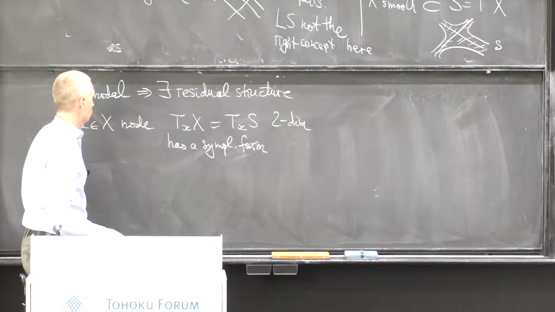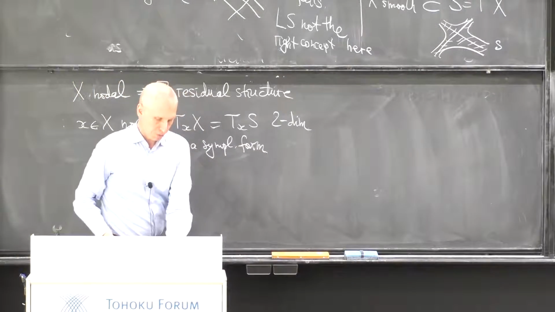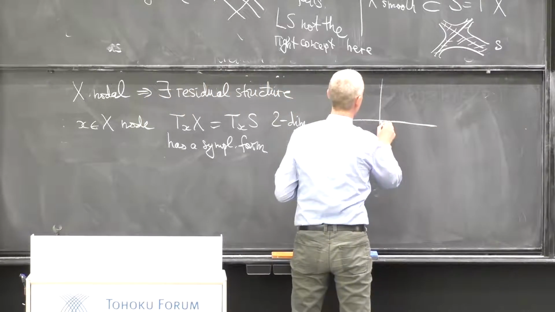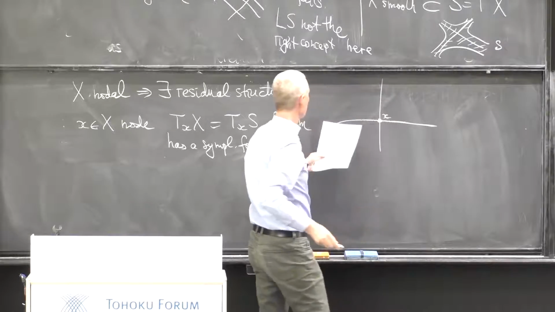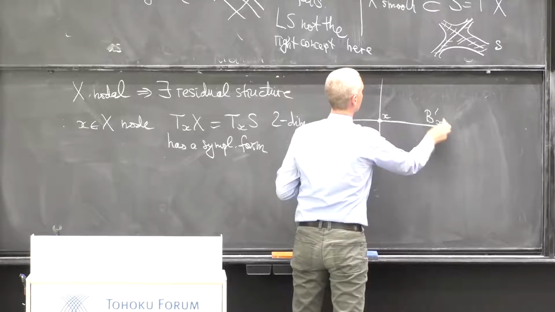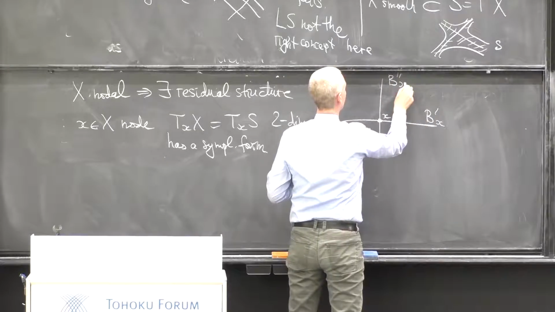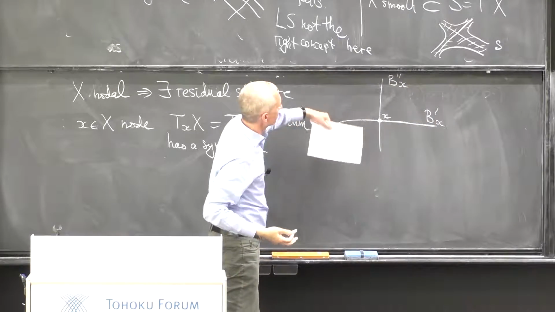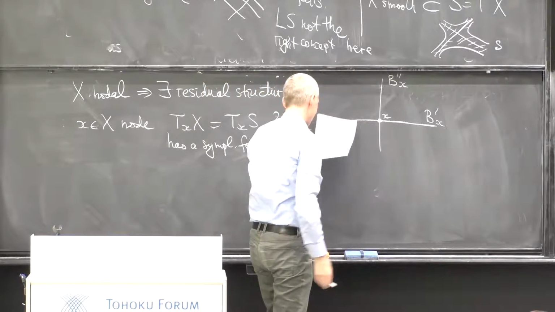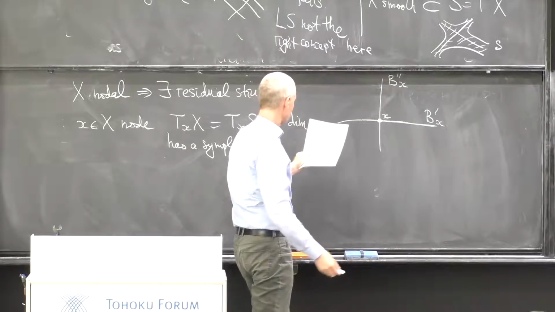Near a node x, we have two branches, let's call them B'_x and B''_x. We can imagine them as existing separately and identified at this point.